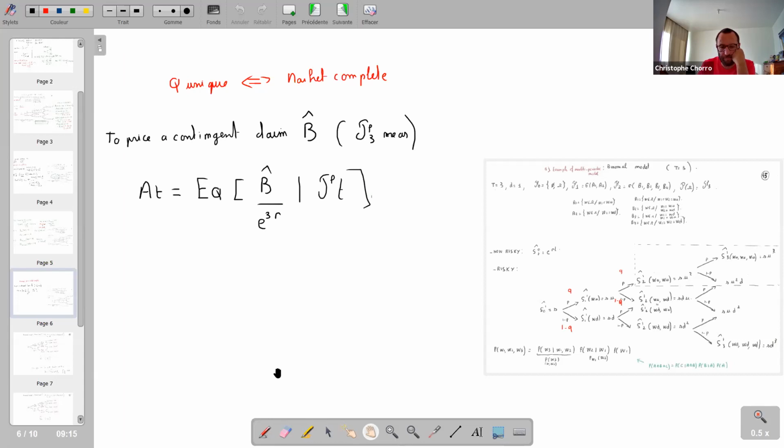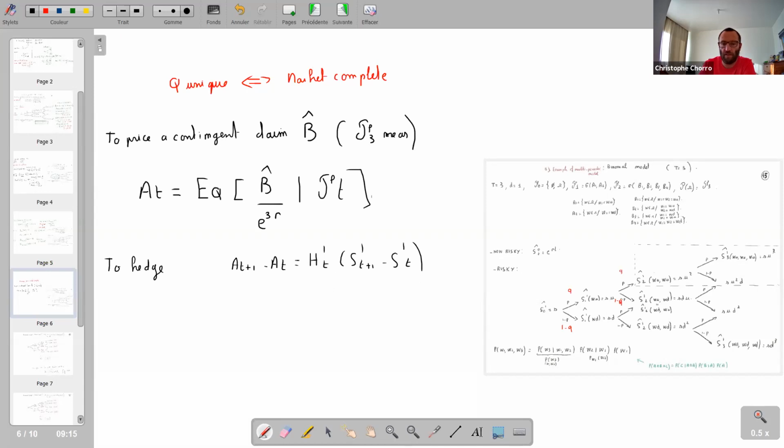And what is more, to hedge, I know that A_{t+1} minus A_t is given by H1_t times (S1_{t+1} minus S1_t), because I know that I have a particular form for the value at time t of a self-financed financial strategy.